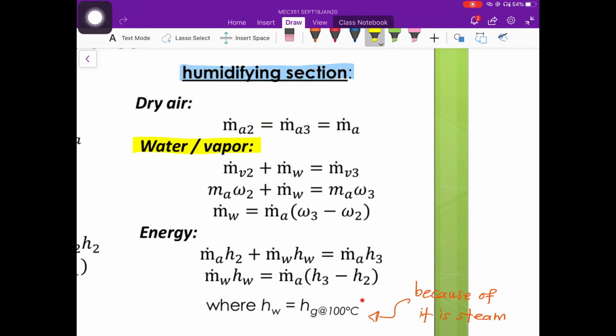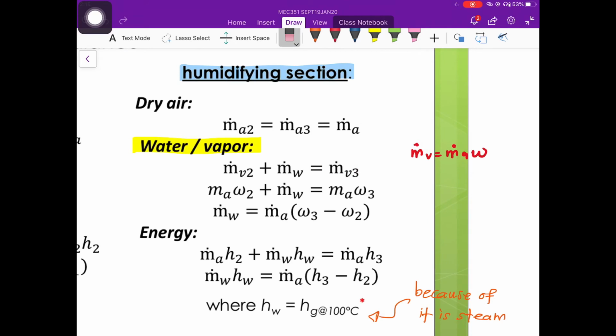For the mass balance of the water vapor, m dot v2 is the mass flow rate of the water vapor at state 2, referring to the air entering the humidifying section. m dot w is referring to the steam that is being injected by the humidifier, while m dot v3 represents the mass flow rate of the water vapor for the air leaving the humidifying section.